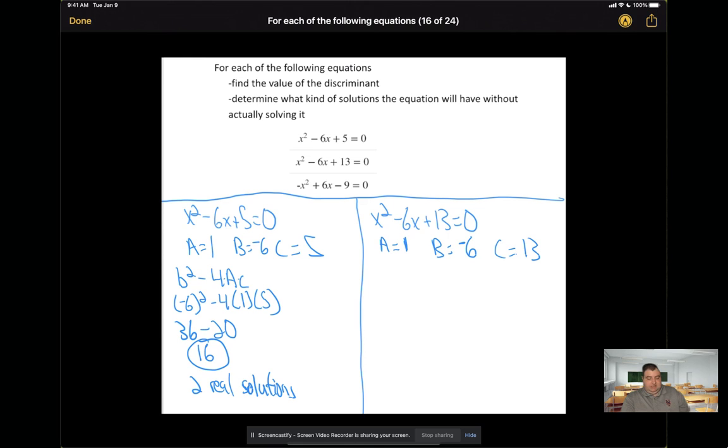So let's see here. b squared minus 4 times a times c. So that's going to be this. Negative 6 squared is 36.